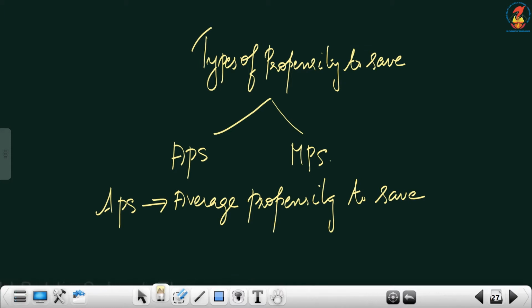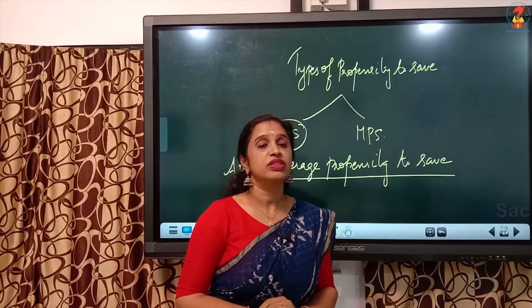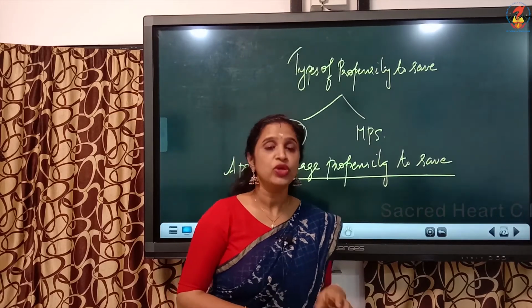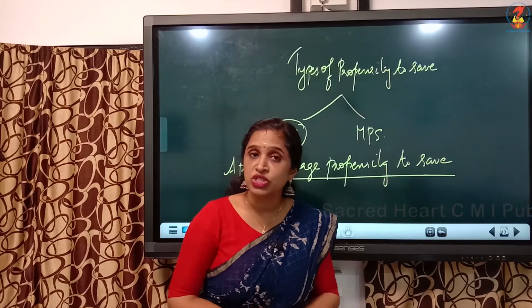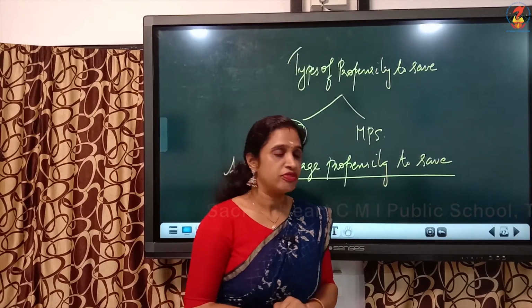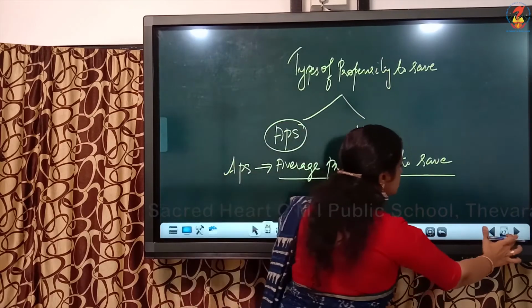We will first begin with average propensity to save. Like how we discussed the two aspects of consumption, average propensity to consume and marginal propensity to consume, we have average propensity to save and marginal propensity to save. First we will begin with APS.